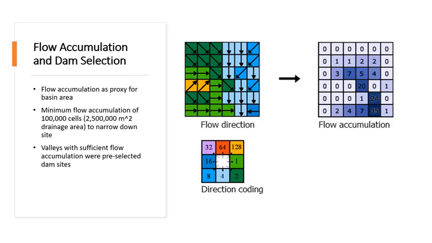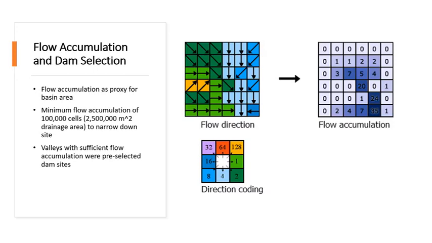If you multiply that by the IFSAR resolution, which is 5 meters, squaring the 5 meters gives you 25 square meters. Multiply it by 100,000 cells, and you have 2.5 million square meters of drainage area. That was their minimum criteria for the flow accumulation.